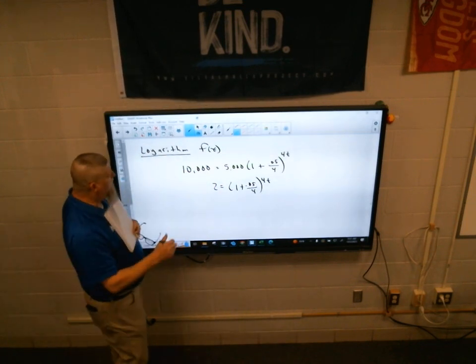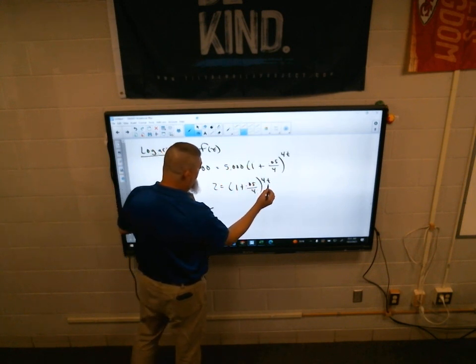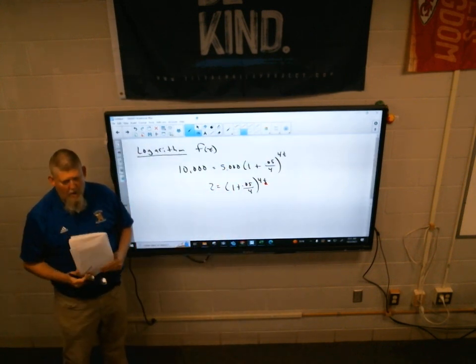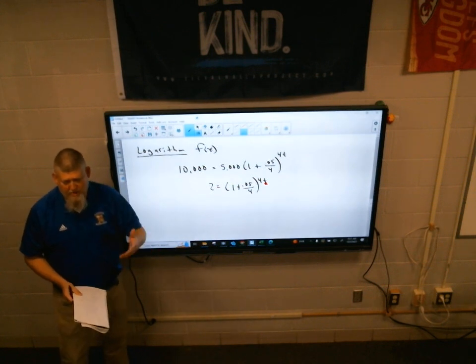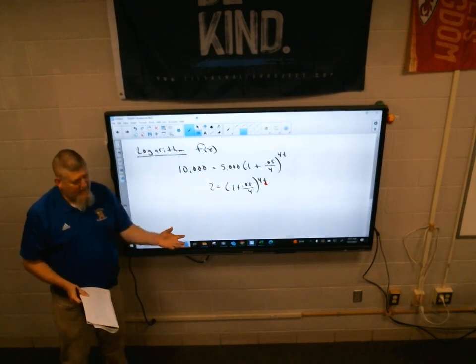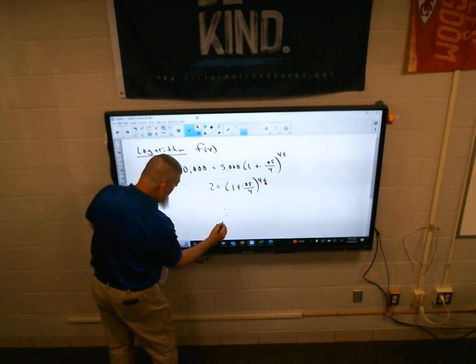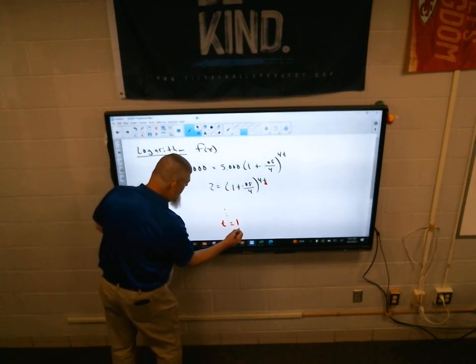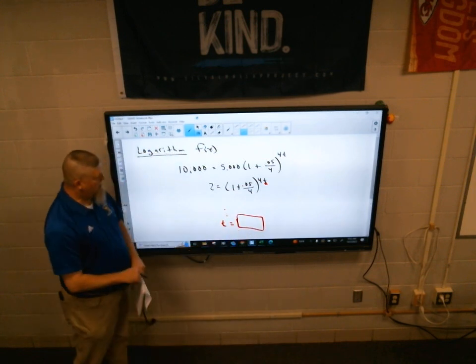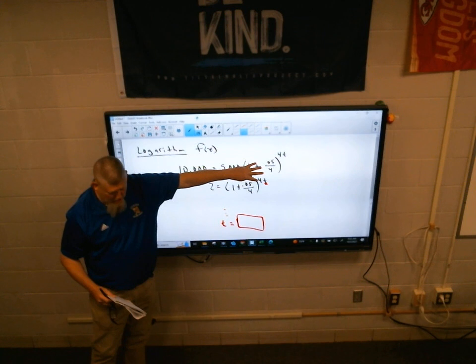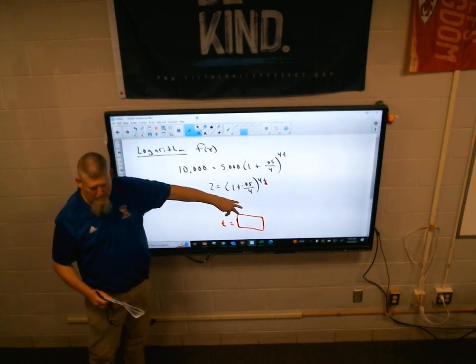The point is, where is my unknown? My unknown is in the exponent. So how do I solve for t? How do I get t out of the exponent so that I can eventually come down here and say t equals some value? Because I have the exponential, but it's unknown. So I want to come down and figure out what t equals.